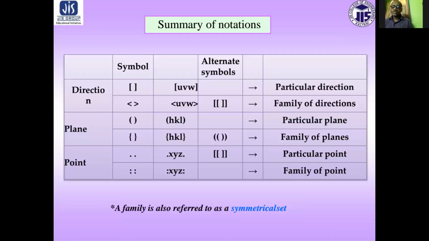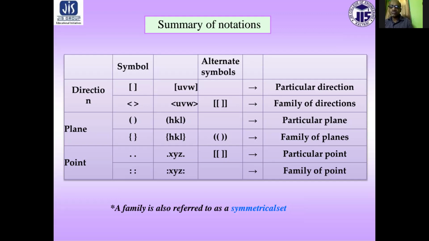So this is the summary of the notations. For directions, the symbols are given in square brackets, for example [UVW], or in angular brackets, like greater than, less than, which indicates a particular direction.